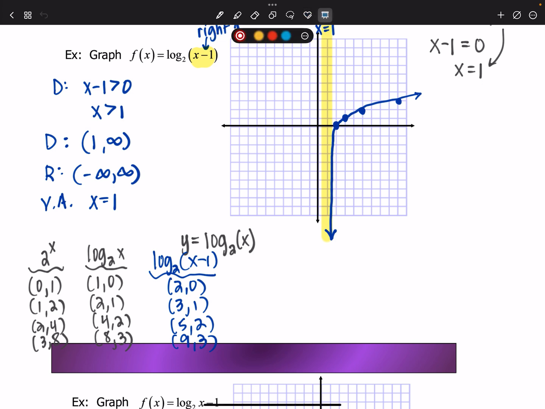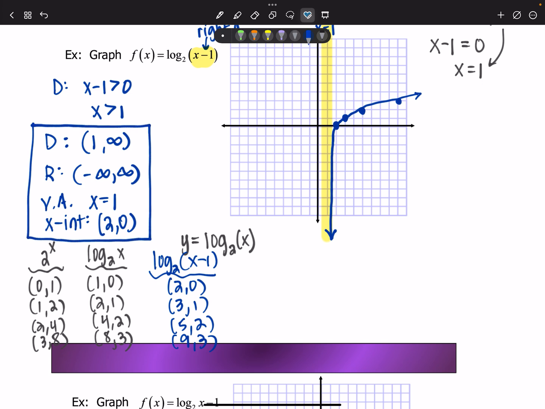So we've got our x-intercept. Our x-intercept was the only thing that was missing. Our x-intercept is 2, 0. So we've got our domain, our range, our vertical asymptote, our x-intercept, and our graph. There's our graph.